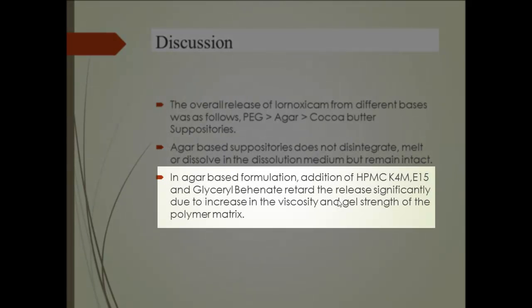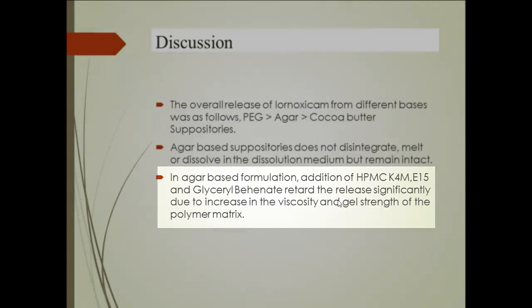In the agar-based formulation, the addition of HPMC K4M and E15 as well as glyceryl behenate retards the release significantly due to the increase of viscosity and gel strength of the polymer matrix. This causes the drug to take a longer time to diffuse from the matrix into the dissolution media.